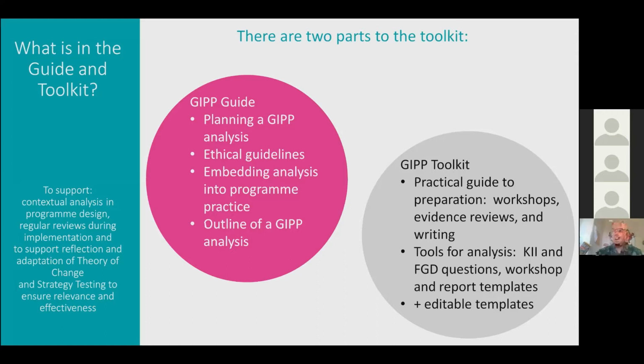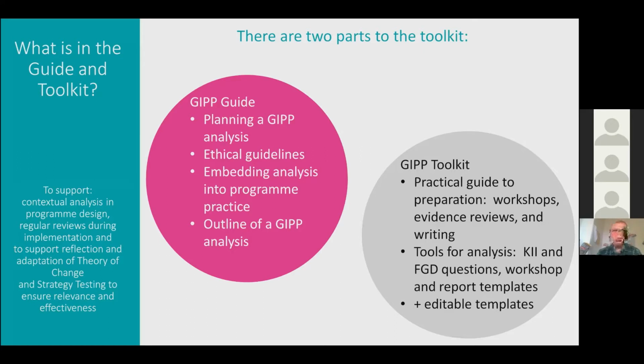So we keep asking ourselves who's involved, who's meaningfully participating, who's been left behind, are our assumptions valid? So the guide and the toolkit come together in that way to help take us through. And really, the two things go together. So I'd recommend that you download the two things together and work with them jointly.